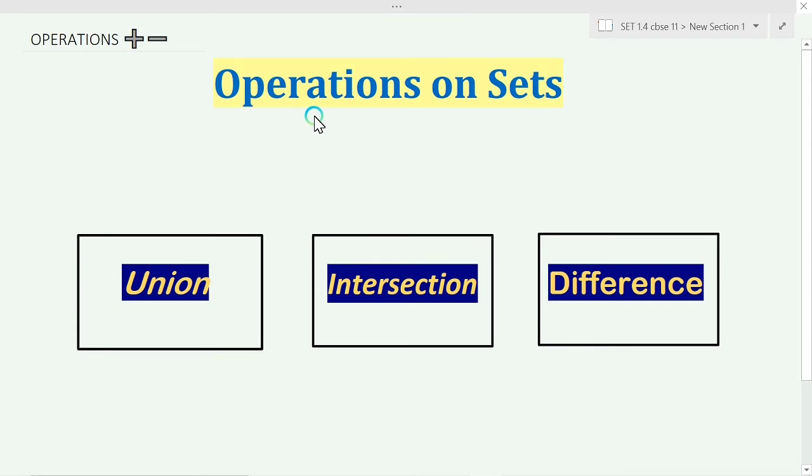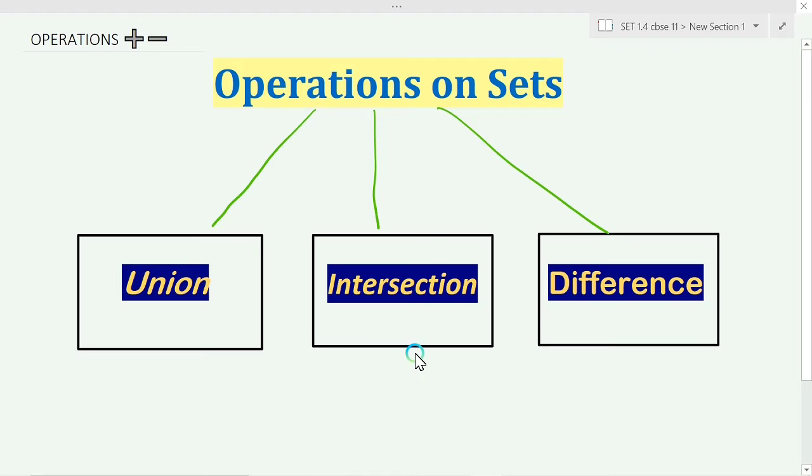There are mainly 3 types of operations on sets. First is union, second is intersection, and the third one is difference.